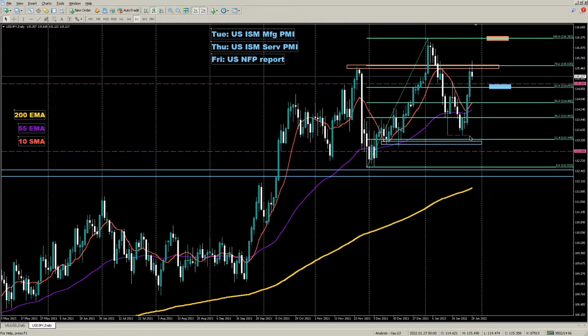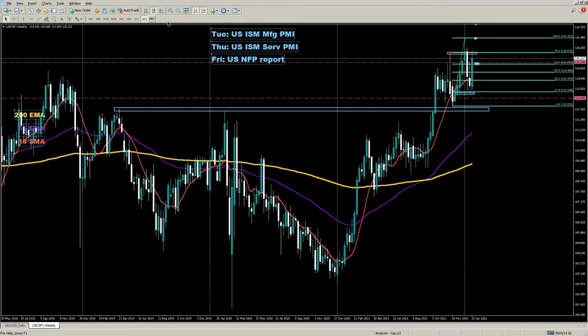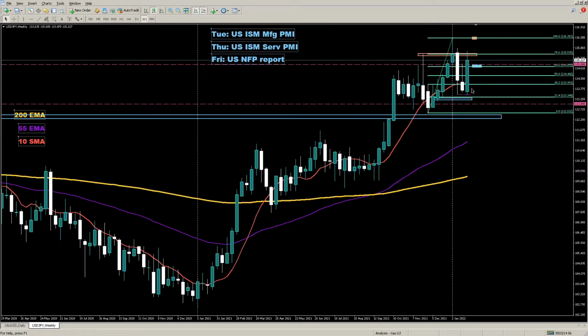It did find support at this swing low from the previous week and tested it before bouncing back up to test the resistance zone. Let's take a look on the weekly time frame. Yes, it could try to pull back first and then bounce to test the swing high.